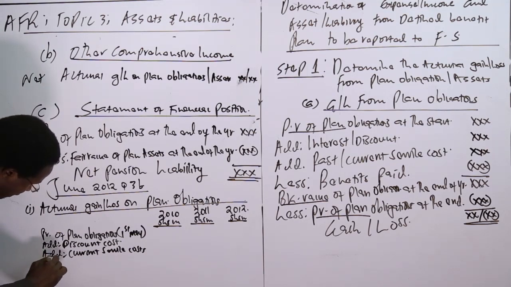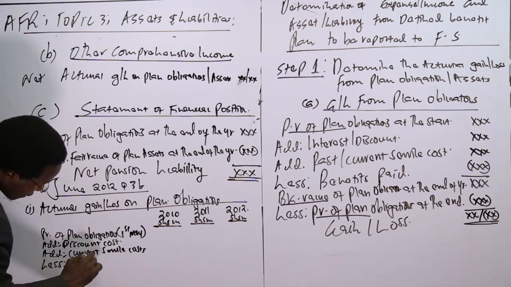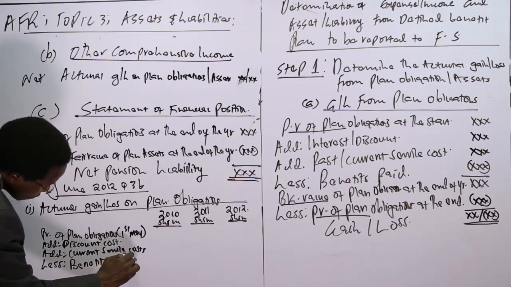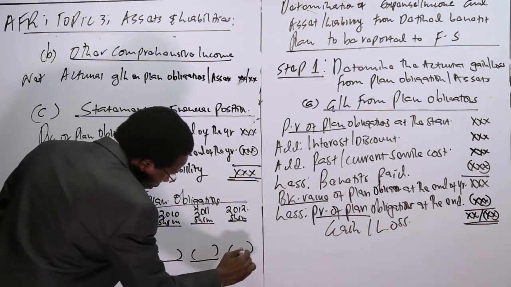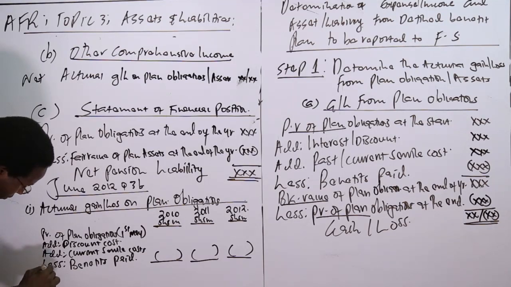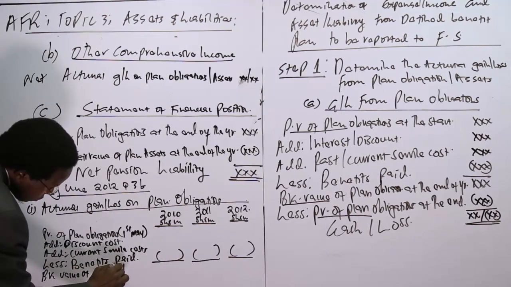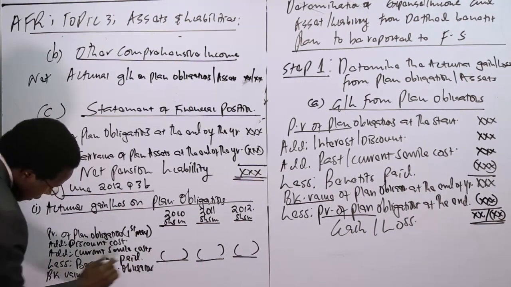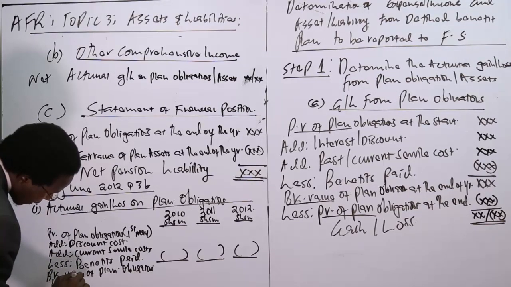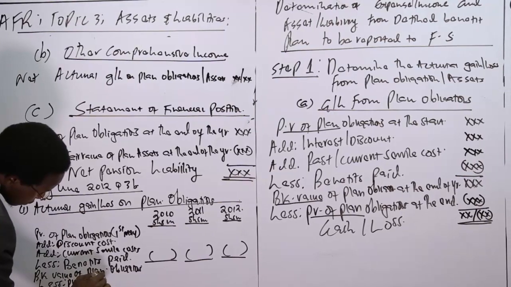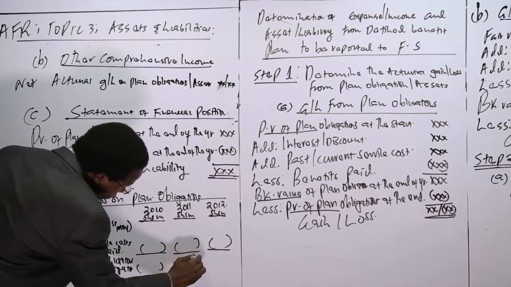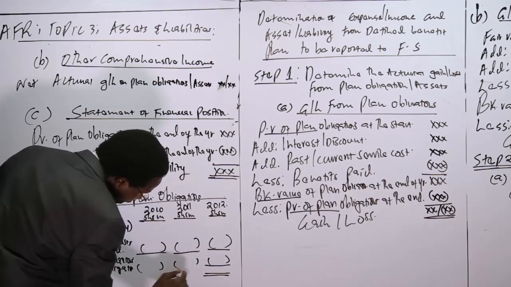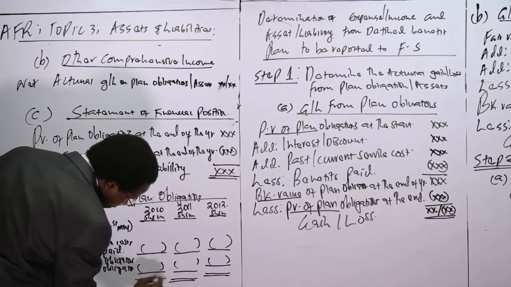Then we are going to less benefits paid. These are the items we are going to do. Then we get the book value. Then finally, we less the present value of plan obligations. So this will be the end here. We'll get the gain or loss.